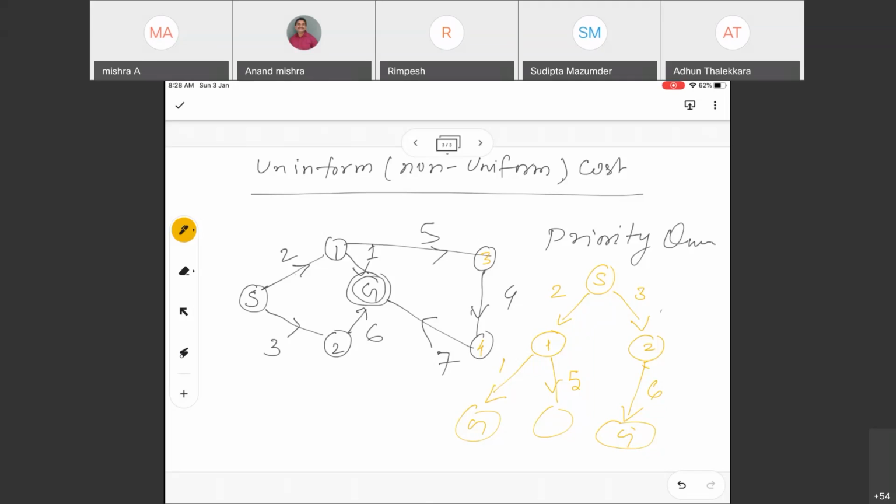What I will choose at every stage is the least one. Now the problem here is that choosing the least one sometimes may not be optimal. It's not always true that if you choose the least at that particular position, you are going to get the best possible solution. That's not true.